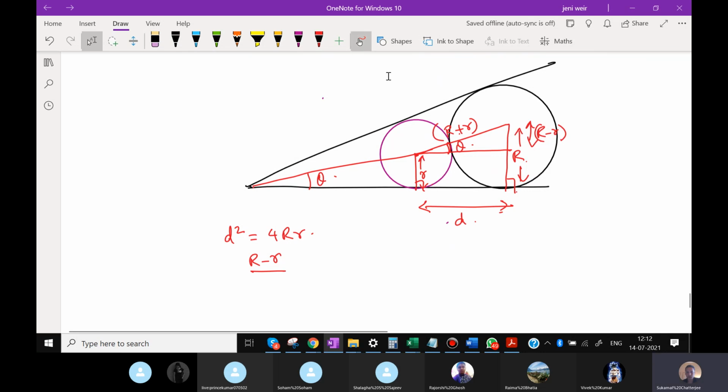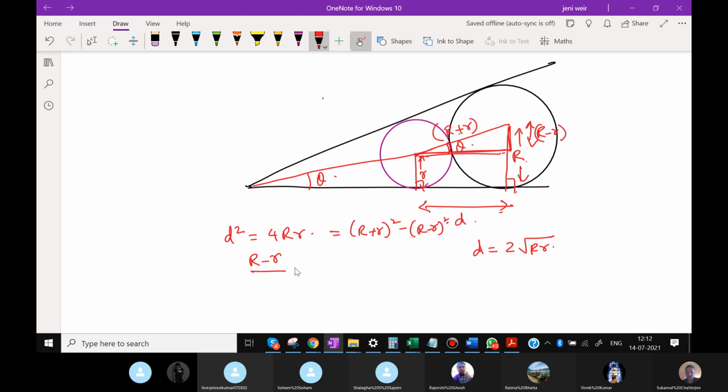So d square is equal to 4R into r. This you know how it came. It is R plus r whole square minus R minus r whole square. From there, d square is 4R into r. That means d is 2 square root of R into r. So R minus r, which is this, by this, which is d, 2 square root of R into r, is equal to tan theta, right?